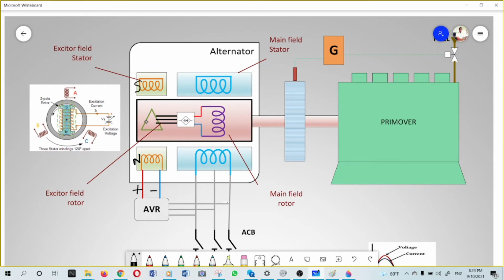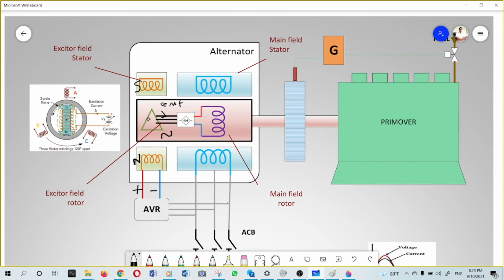So that means there will be a coil set moving inside a magnetic field, which will cause some EMF to be induced in the exciter rotor, and it will be an AC supply.